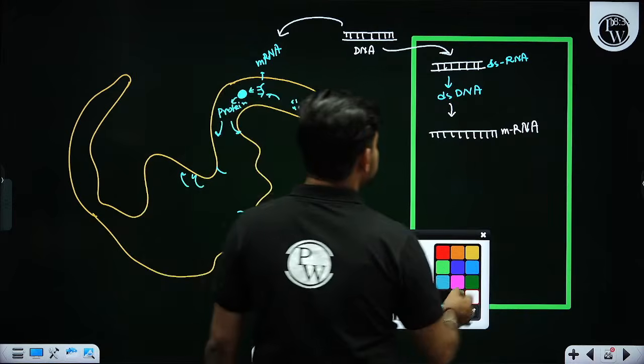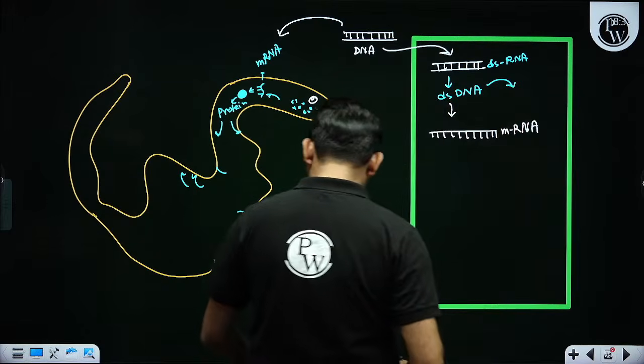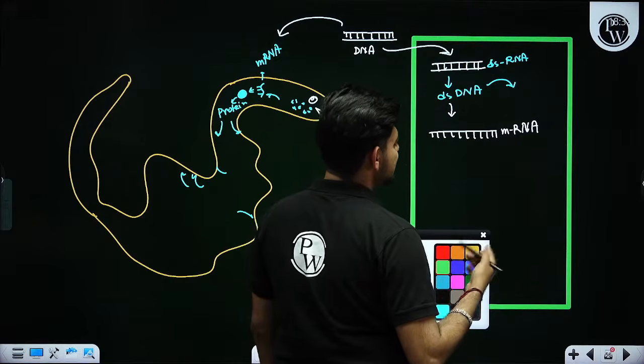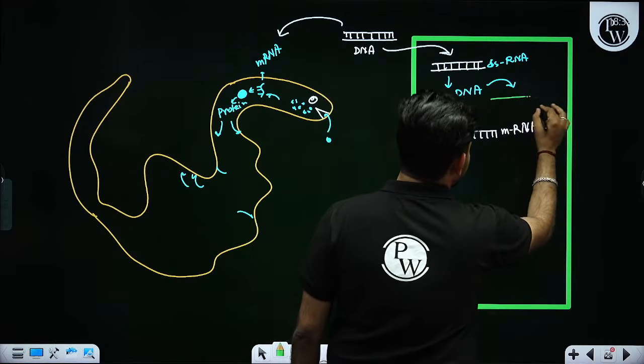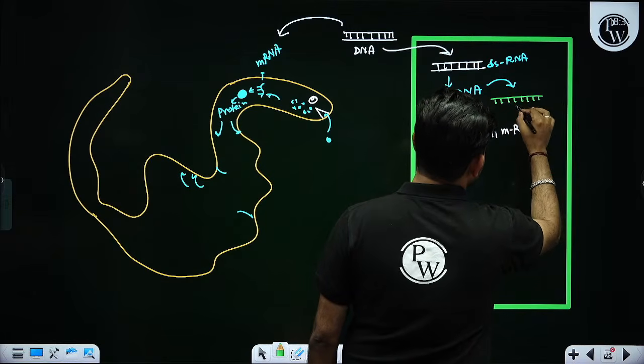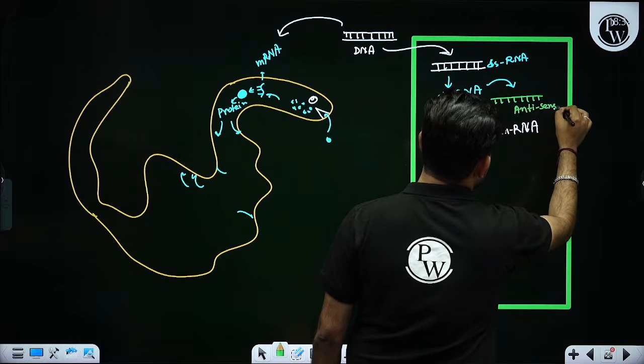By utilizing the same process, the technology called antisense technology, one antisense strand of mRNA is produced, that is called antisense RNA.